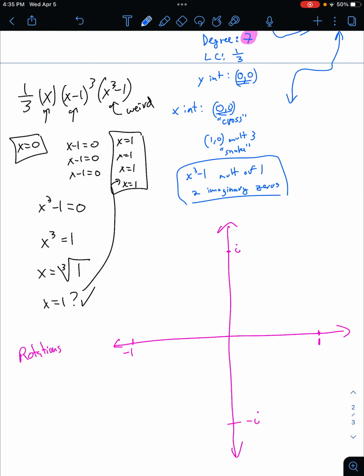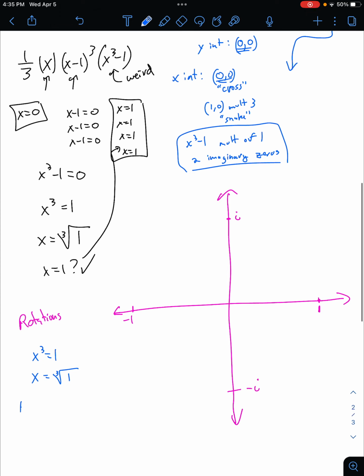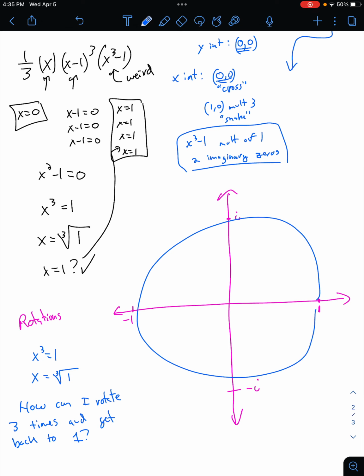So if I want to say x cubed equals 1, or x is the cube root of 1, a way of saying this is, how can I rotate three times and get back to 1? The first answer would be just 1 full rotation.